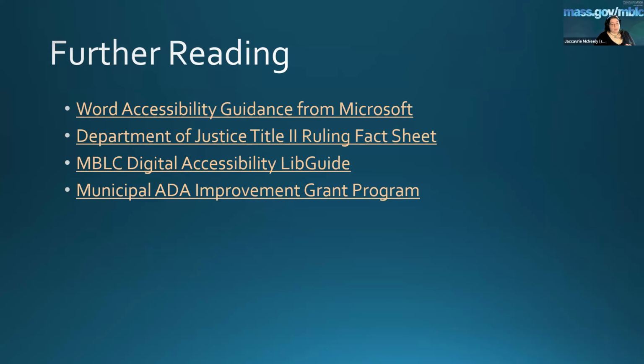If you have a service population of 49,999 or less, you have until April 2027. If you serve 50,000 or more in your service population, you only have until April to get everything in your web presence accessible.